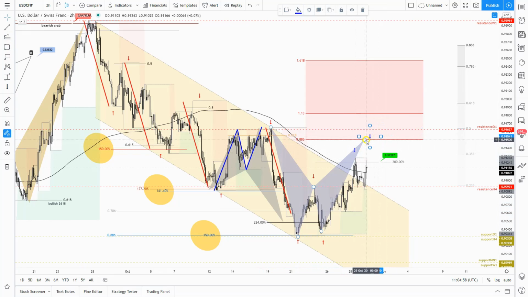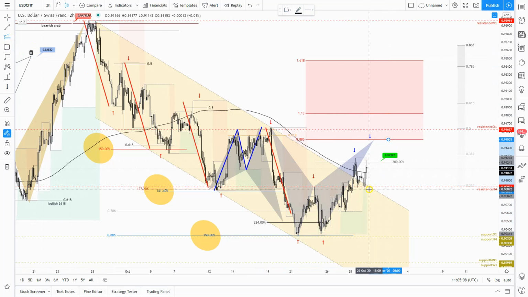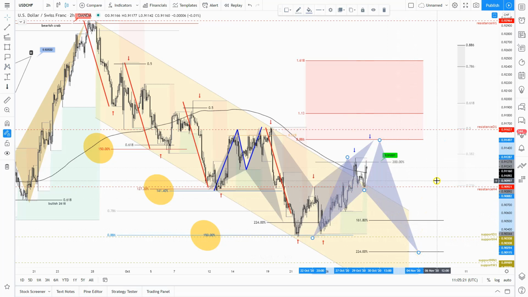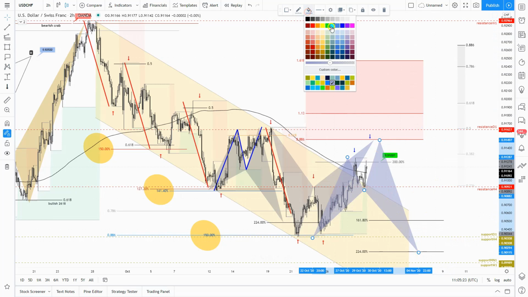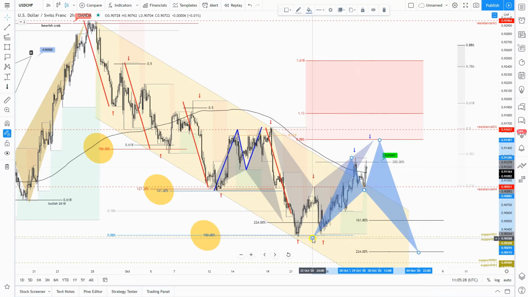The market will be pushed above to print the pattern, and if the market decides to fall below these lows, again we will use an extension and we will extend the very last swing high, and we will search for the potential bullish shark pattern. 161, 224, we wait for that to happen, we observe, and if necessary, we take actions.